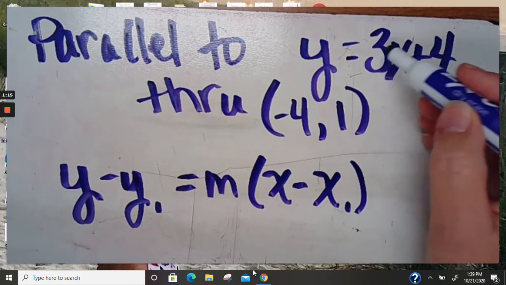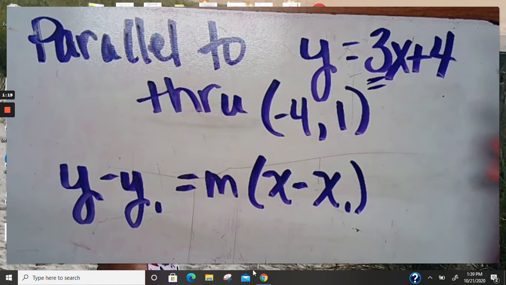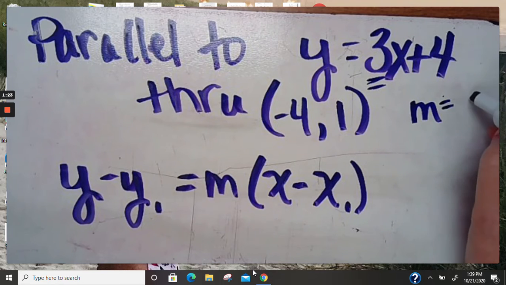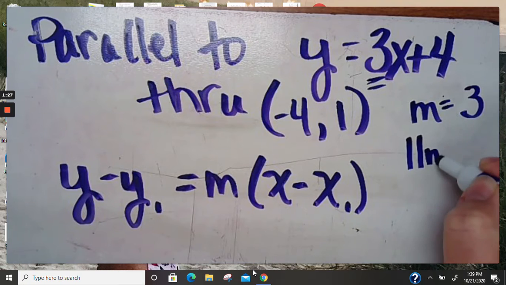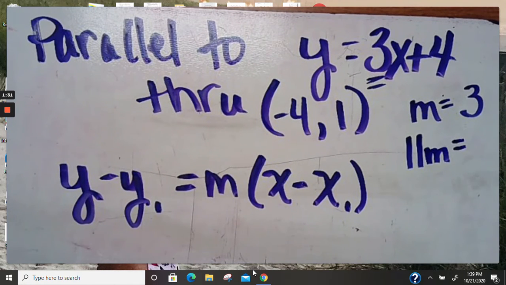This is in y equals mx plus b form, where m is the slope, so the slope of this line is 3. The slope of a parallel line, and that symbol looks like an 11, but that's the symbol for parallel, would also be 3 because parallel lines have the same slope.